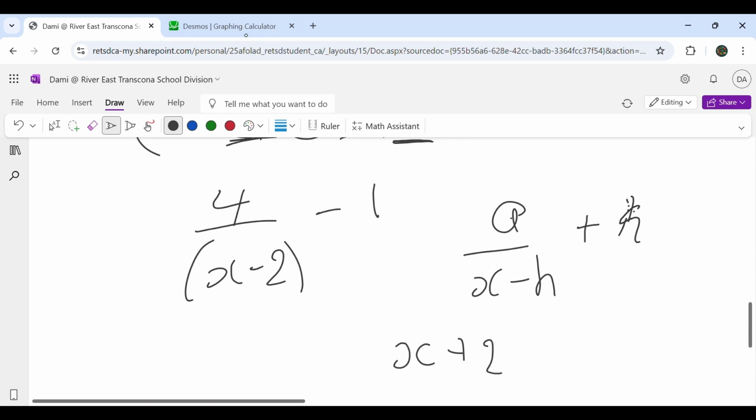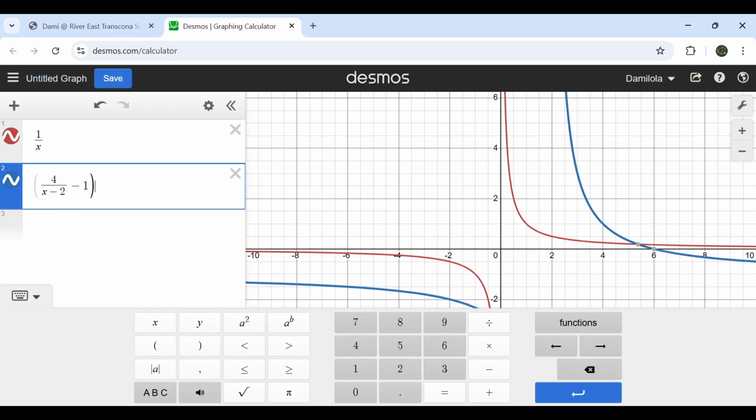It is slightly different to map. We map it like this: a over x minus h plus k. So this will be x plus 2, comma, 4y minus 1.